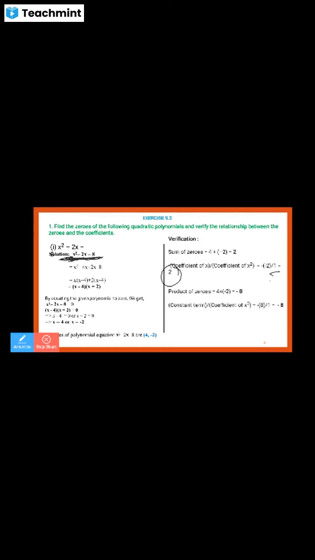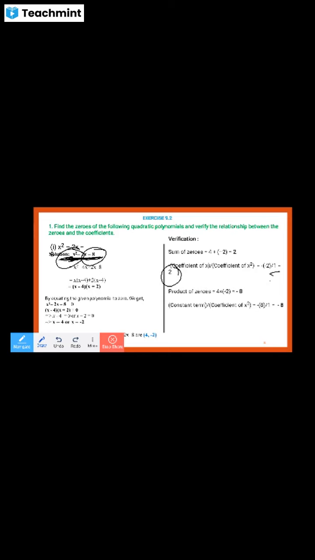That is, constant term is minus 8, divided by coefficient of x square, that is 1. X square contains no coefficient, means that is considered as 1. So minus 8 divided by 1.